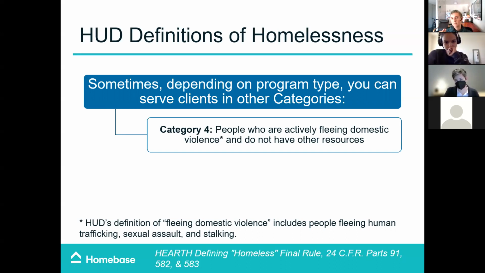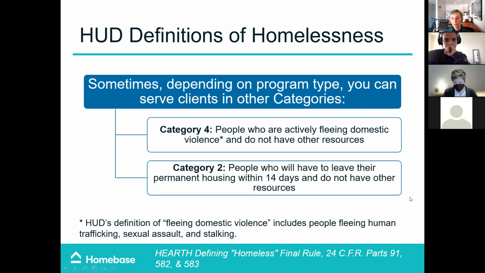So fleeing includes someone had to leave their primary place of residence because it was unsafe for one of these reasons. They don't have another place that is safe to live, and they don't have resources or an existing support network in order to allow them to obtain that for themselves on their own. So they're fleeing violence, and they really need help in order to find a safe, permanent place to stay.